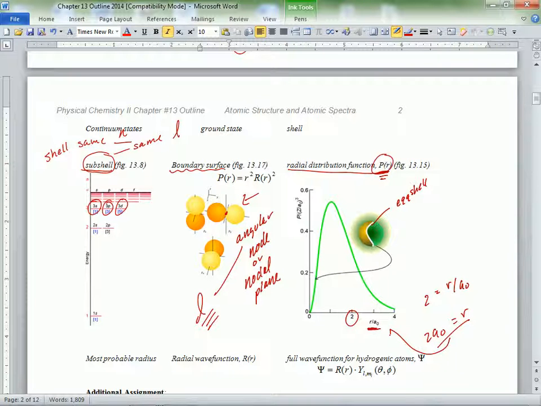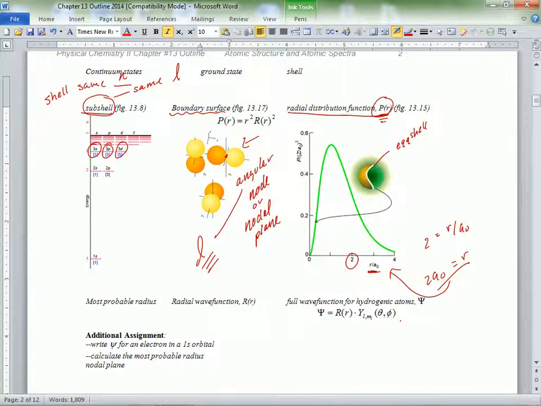That's what you're supposed to see. I don't know why they just don't write that; it's the author's convention, and you're going to see this a lot. So this would be 2a naught right here. Whatever the x-axis is, you set it equal to their units. But notice the maximum is lined up right with a naught. And that's what it's supposed to be, the Bohr radius.